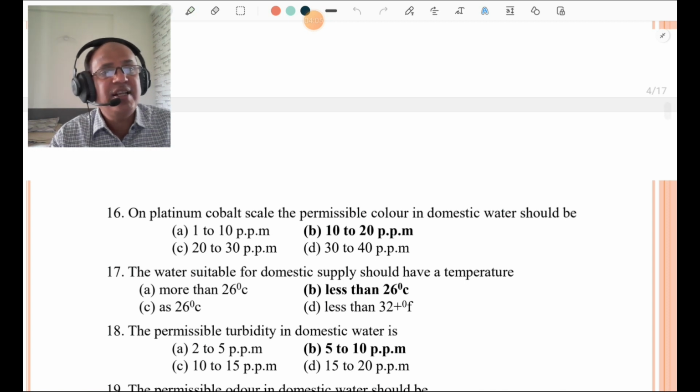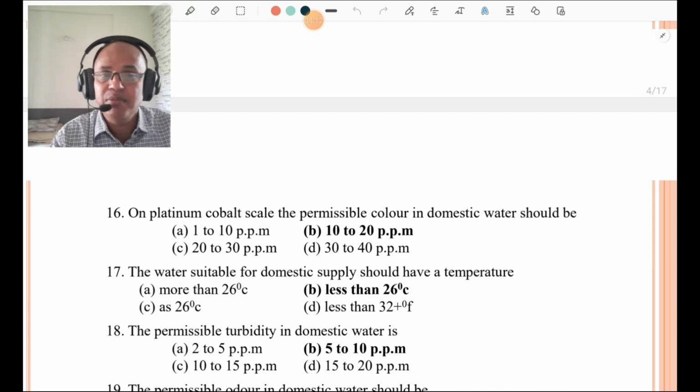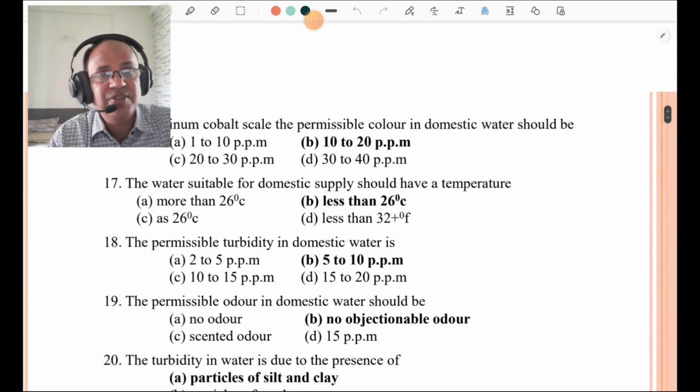On platinum cobalt scale, the permissible color in domestic water should be 10 to 20 ppm. ppm means parts per million, and it is mg per liter also. The water suitable for domestic supply should have a temperature less than 26 degrees. The permissible turbidity in the domestic water is 5 to 10 ppm.